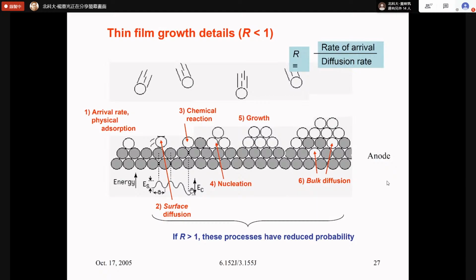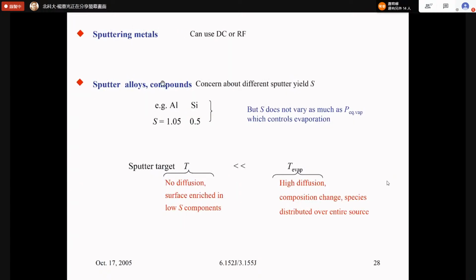Okay, this is energy. So if R is greater than 1, this process is reduced, right? We talk about that. So sputtering metals, can we use DC or RF? In fact, we can use both. Sputtering alloys and compounds, we just need to be concerned about the sputtering yield. Okay.